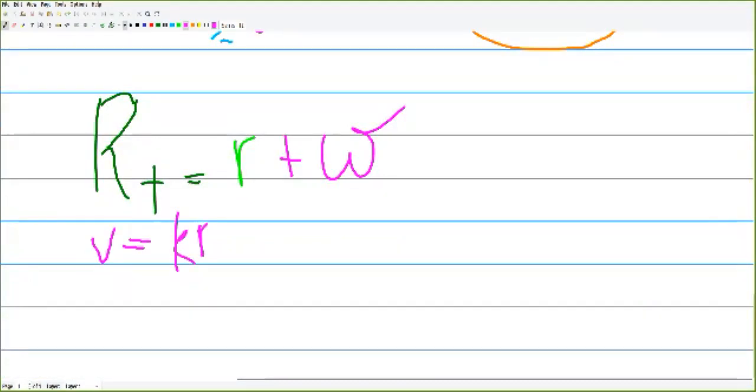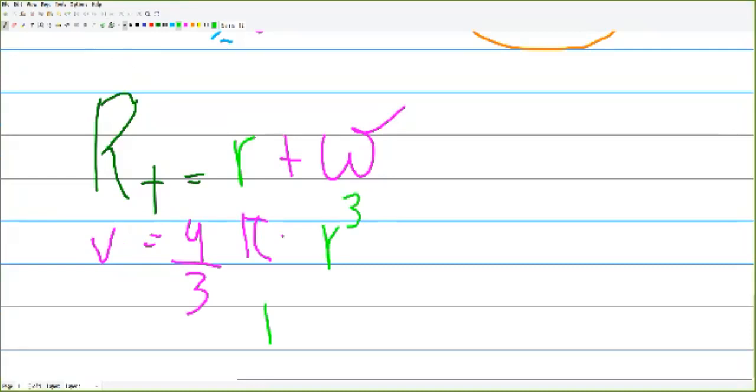Okay, so I know that V is equal to 4/3 of pi, a constant, times R cubed.